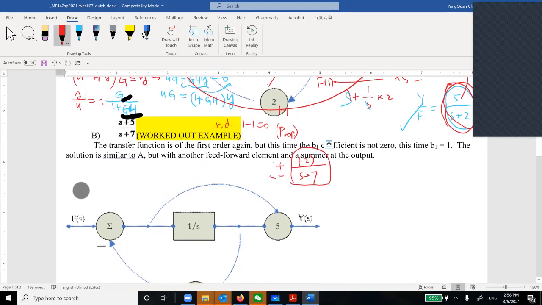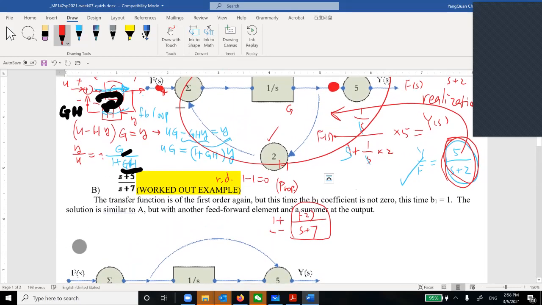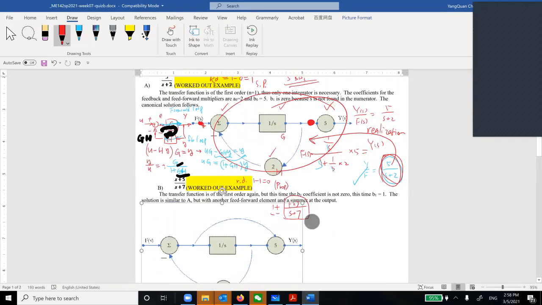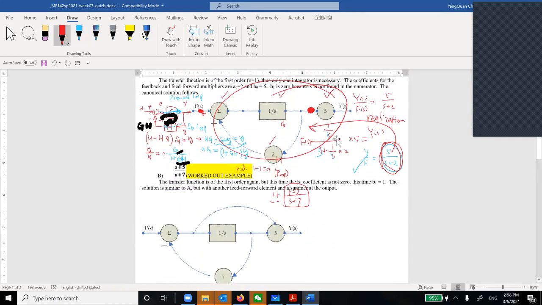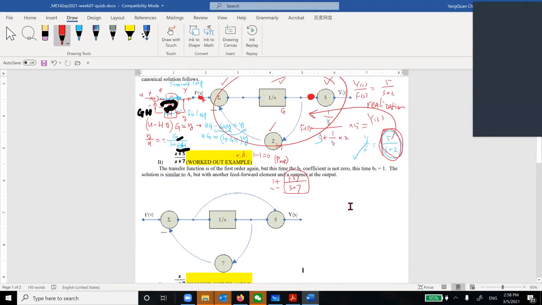So let's see whether we can do it. We follow this one. We make this one borrowing this one. So minus 2 is here. So I have a minus 2 in here. Then I have 1 over S in here. I get this one out, minus 2. And out here, I have 7.